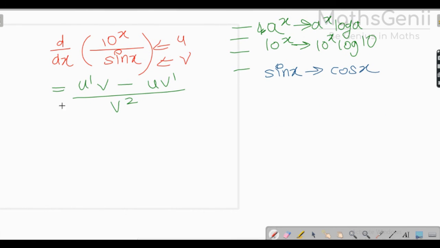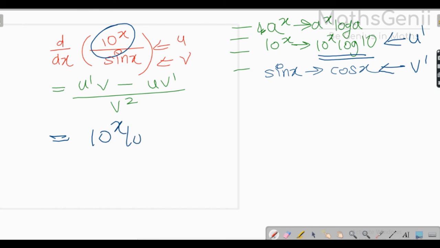Let's resolve. U dash. What is your u? 10 raised to x. U dash is this. This is u dash, and this is v dash. Sin x derivative is cos x, so cos x is v dash. So u dash is 10 raised to x log 10 into v.